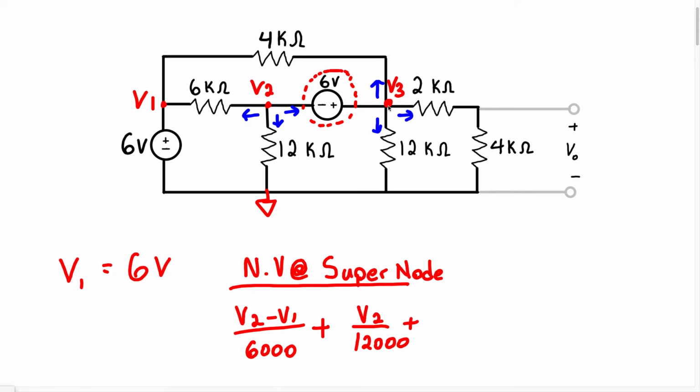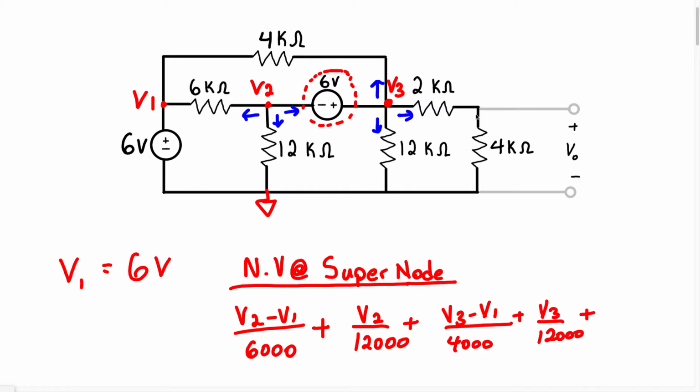To find the currents going upward, we're going to take the voltage difference. That's going to be V3 minus V1 over 4,000, plus we're going to have the current flowing in this direction. That's going to be the voltage V3 over 12,000, plus we have a current flowing in this direction here.